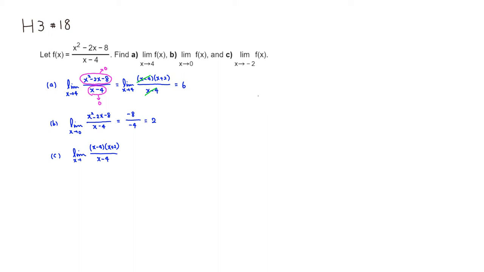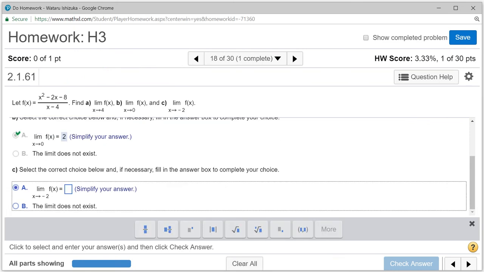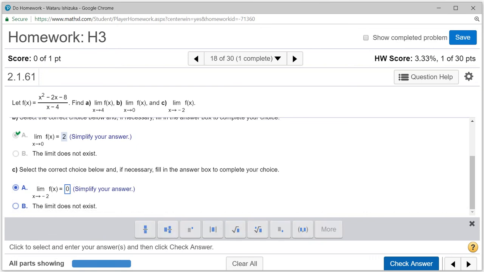Again, these are common factors we can just cancel out. So now you have negative 2 plus 2, which gives you 0. So the answer is 0. Let's check the answer.